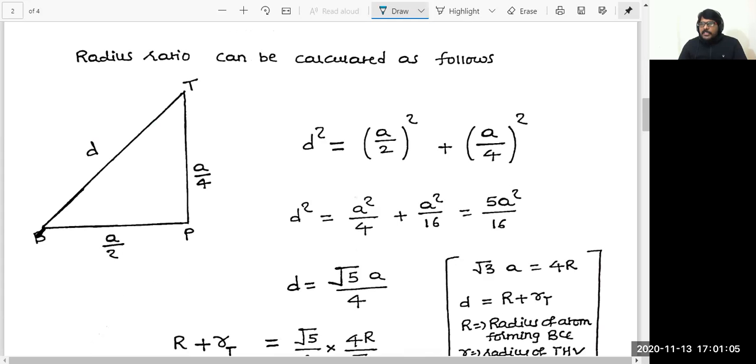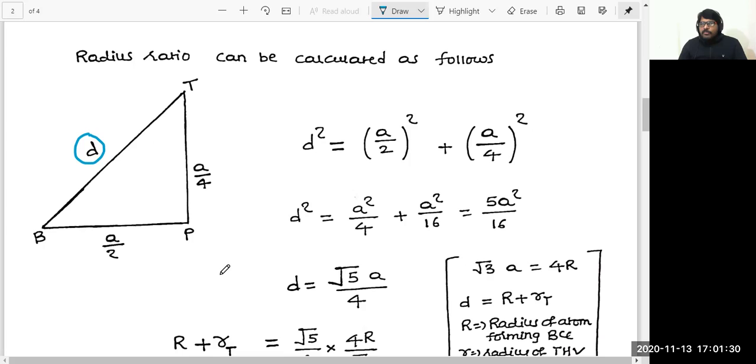So this is body center, this is face center, this is tetrahedral void, and this is the distance between the body centered atom and tetrahedral void, which I'm taking as d. Body center to face center it is a by 2. From face center to tetrahedral void it is a by 4.